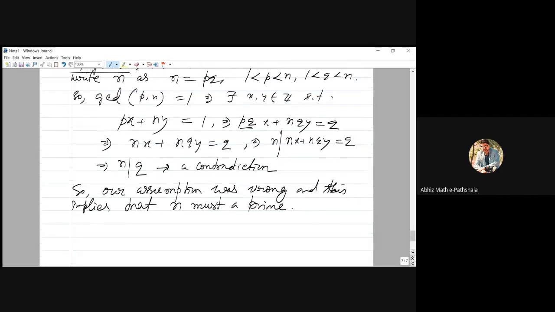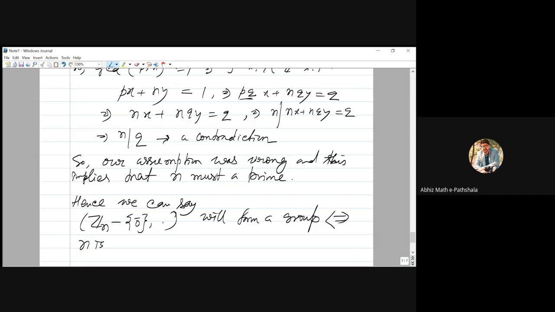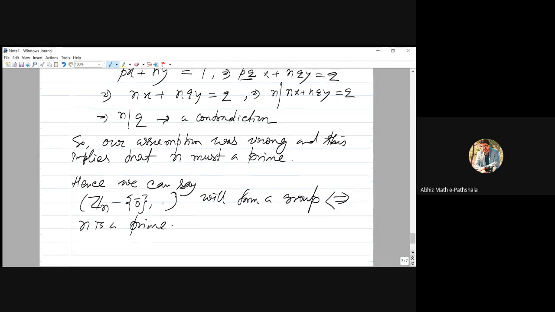So hence we can say that Zn minus 0 class with dot will form a group if and only if n is a prime. Okay. So I should end here today.